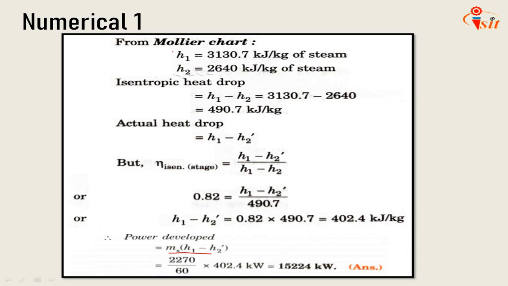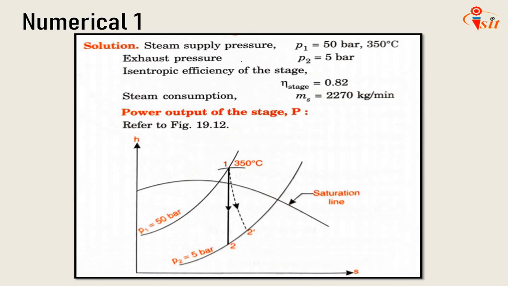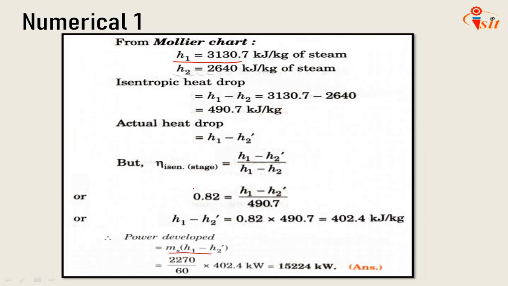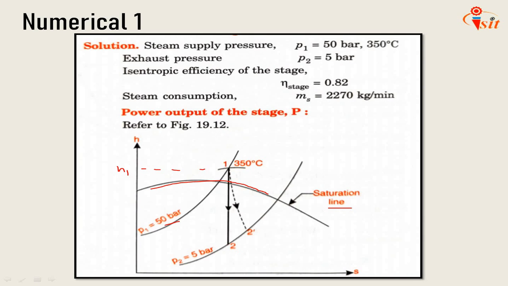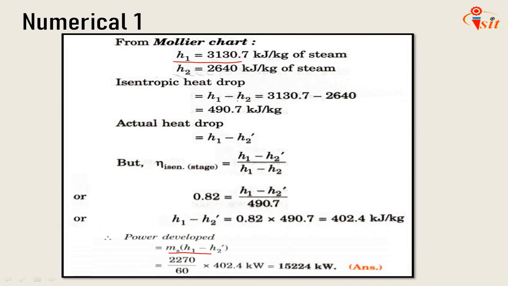H1 at a pressure of 50 bar and 350 degrees we easily get from the Mollier diagram, the h-s diagram. H2 we get at 5 bar pressure. So h1 and h2 we get from the Mollier chart.